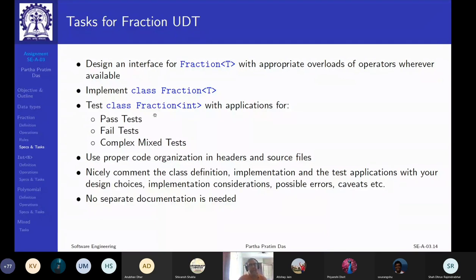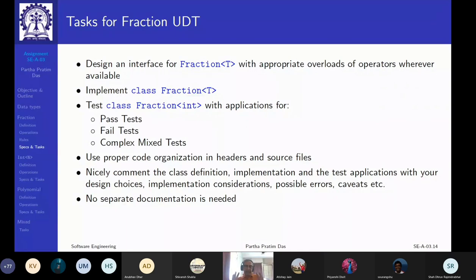So you will write an application, a test function, which will treat all these different forms of fractions and their operations, perform the test, and write out the result or print messages for your understanding.